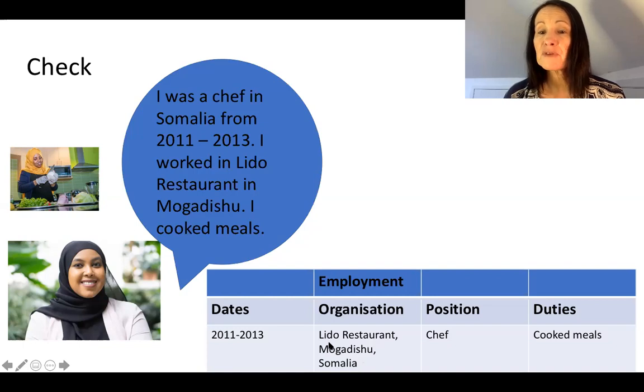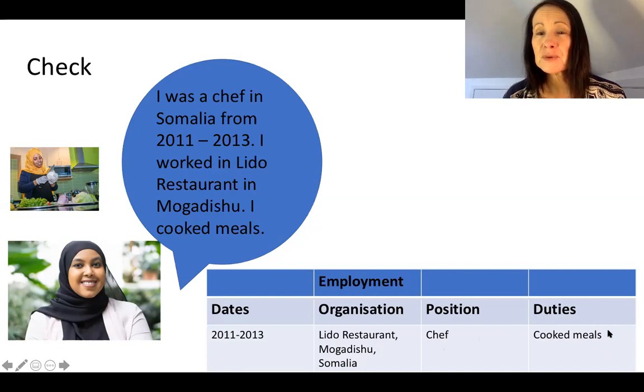So that's the name of the restaurant, the city, and the country that she worked in. And her position? She was a chef. And the duties, what does she have to do? She cooked meals.